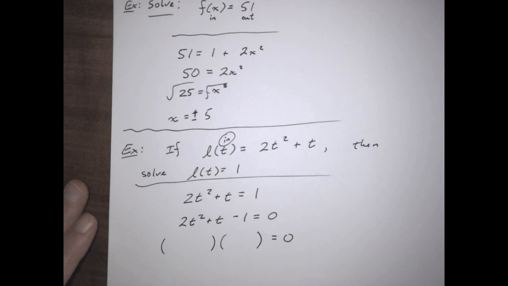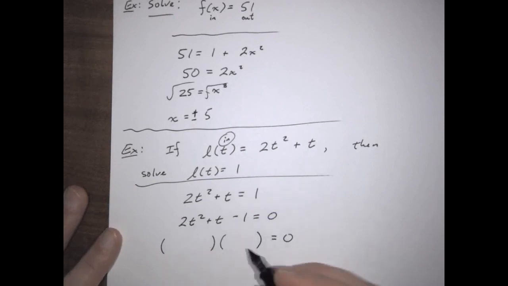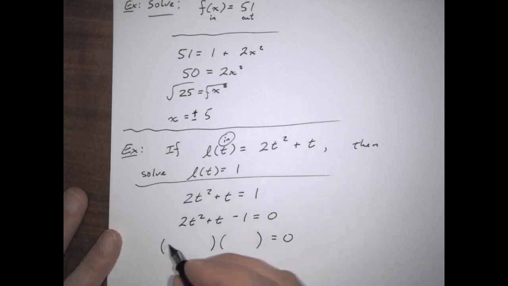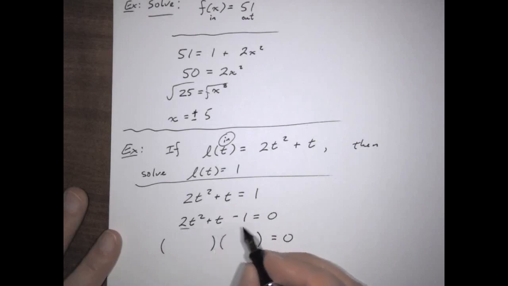There's what's called the AC method, which is also called factoring by grouping, or there is what's frequently referred to as just unfoiling, where you just come up with the combinations that can make the thing that you need to be the result. So here you can look at the first factors.